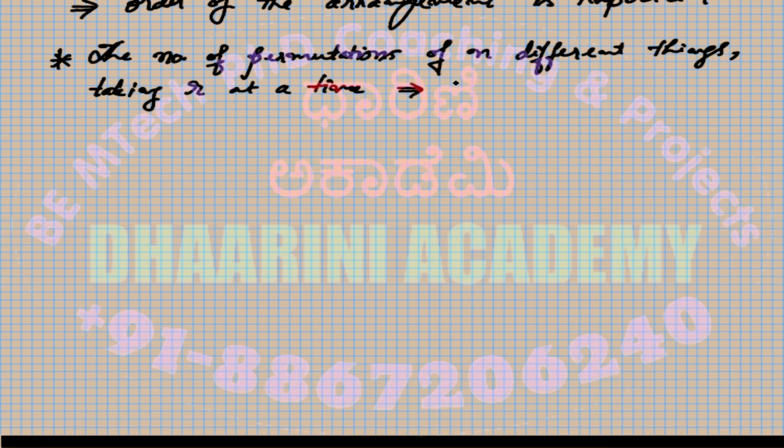This is actually denoted by nPr, for permutation. This is also denoted by, some of the textbooks will say, permutations of n comma r.